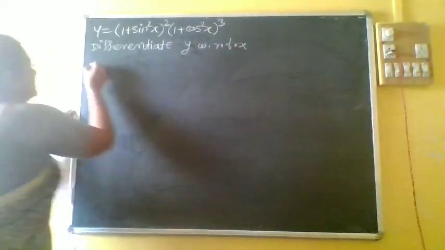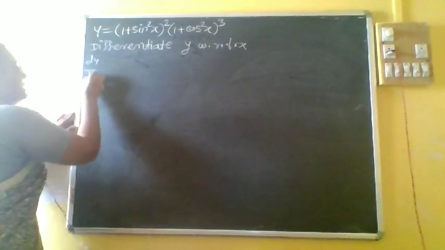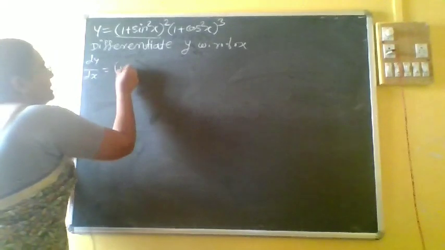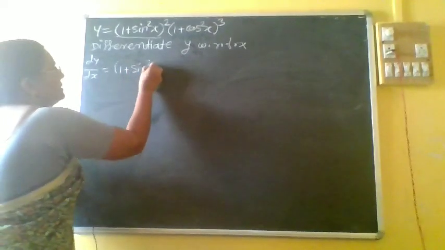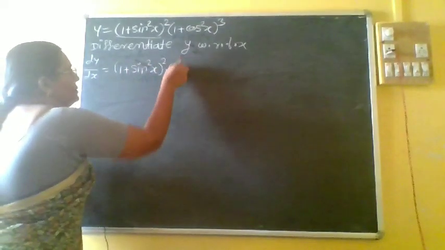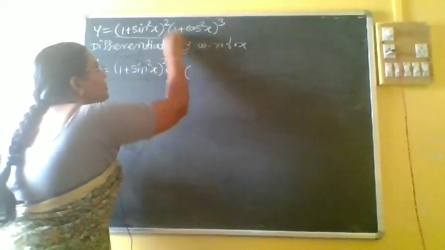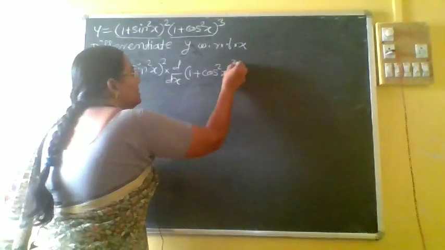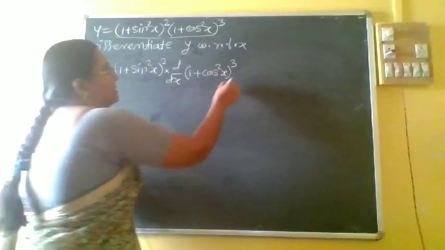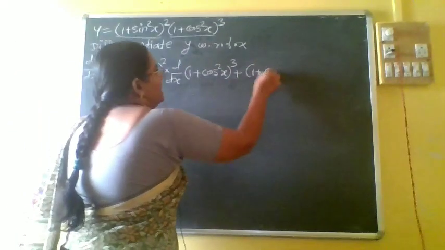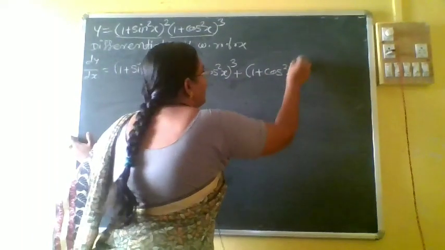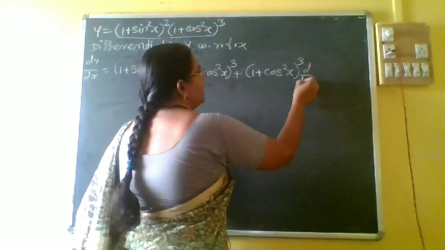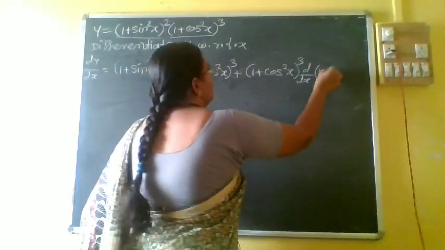We get dy by dx is equal to, keep as it is, 1 plus sin square of x bracket square into the derivative of the second function, 1 plus cos square of x bracket cube, plus keep the second function, 1 plus cos square of x cube, as it is, and take the derivative d by dx of this 1 plus sin square x bracket square.